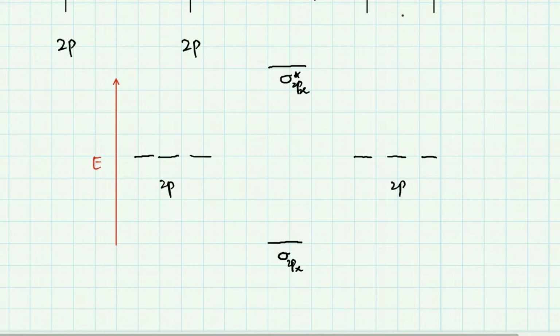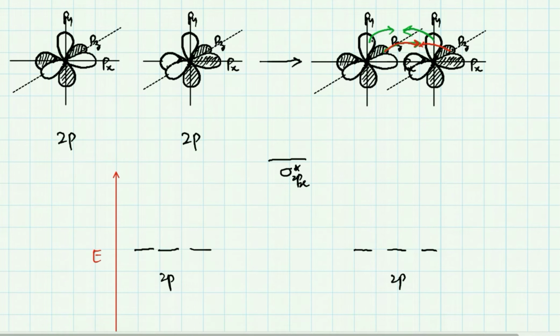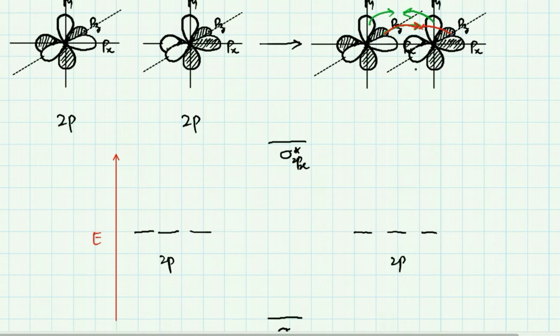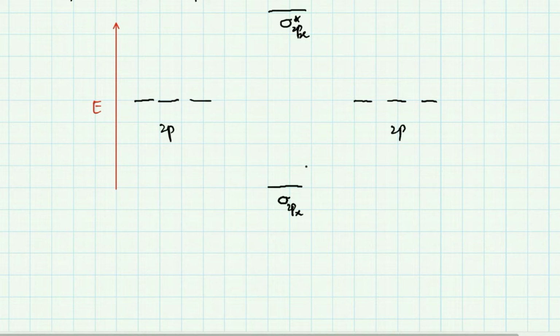And these py and pz orbitals, when they combine, their overlapping is similar, so their energies will also be similar. That is, their molecular orbitals will be degenerate, that is, having the same energy.